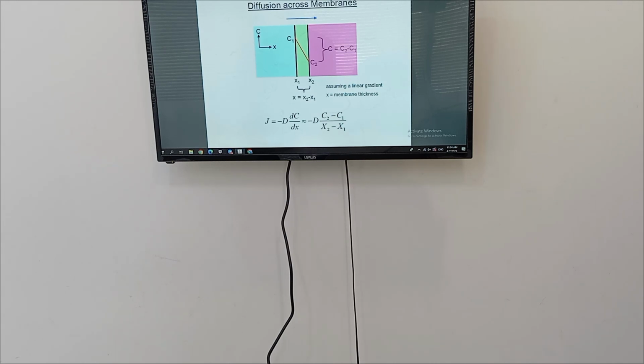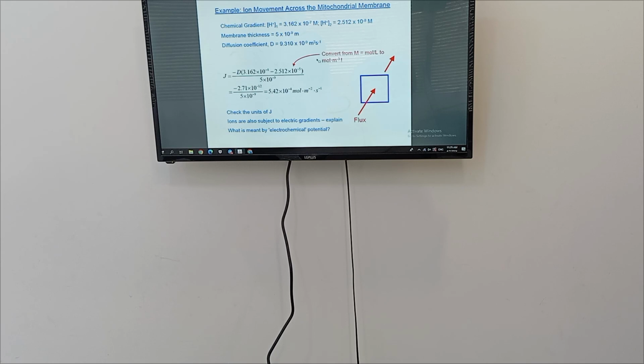The delta C between them is C2 minus C1, and the distance across the thick membrane is X2 minus X1. So dC or delta C equals C2 minus C1 over X2 minus X1.